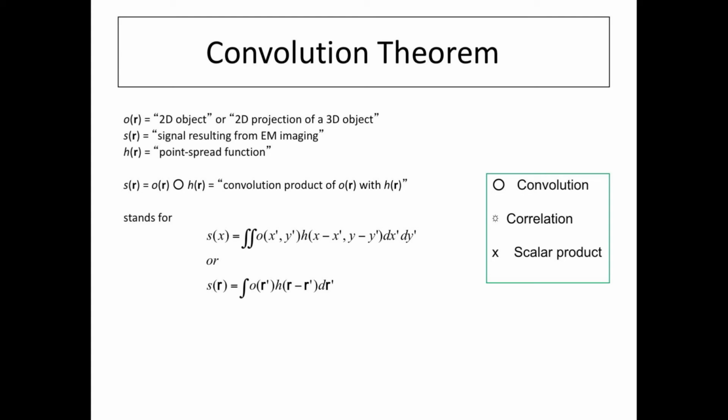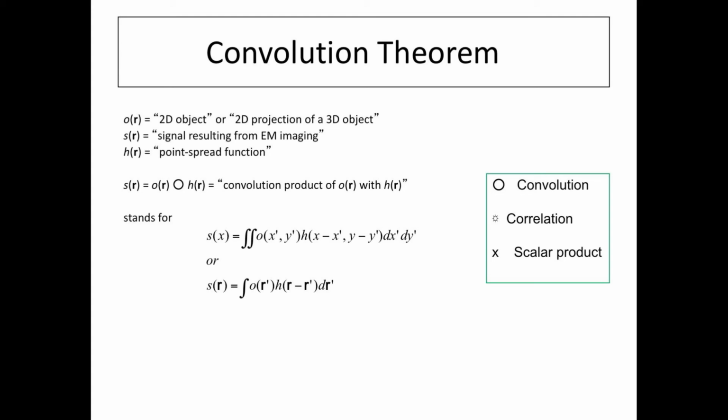If I use an integral instead of the summation, so we have O(r) is the 2D object, or the 2D projection of a 3D object, and S(r) is the signal resulting from EM imaging of this object. And the H(r) I call the point spread function.